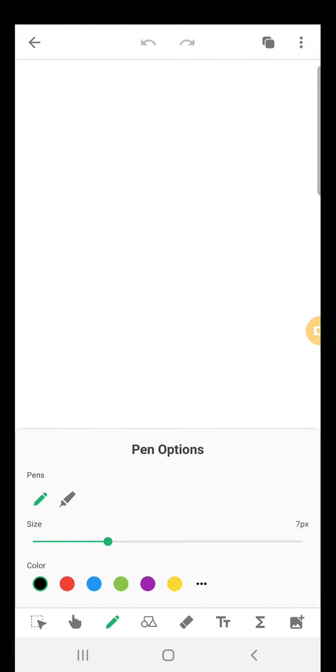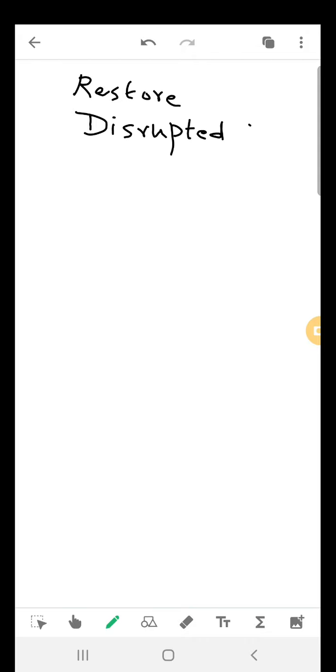So the time taken to restore a disrupted system and bring it back to an equilibrium configuration is called the relaxation time.